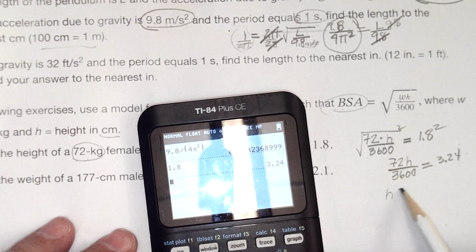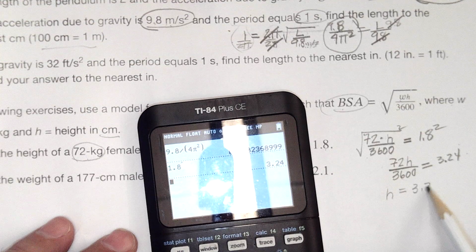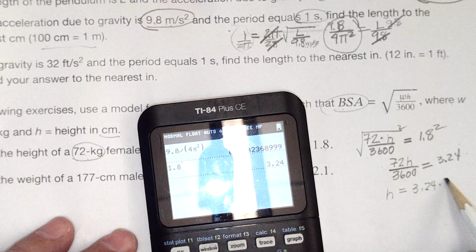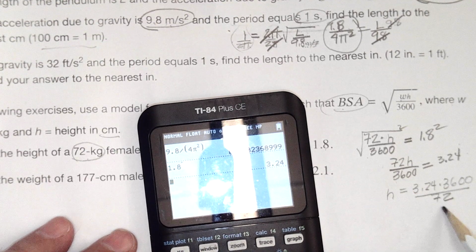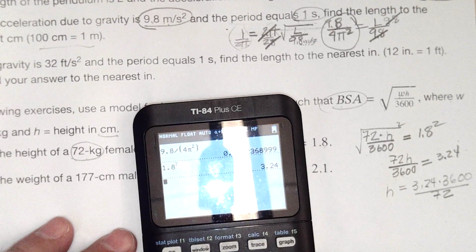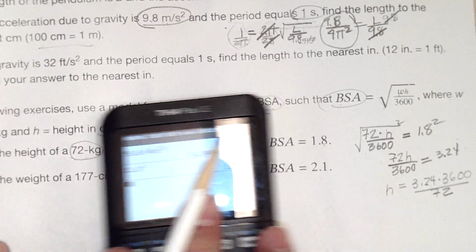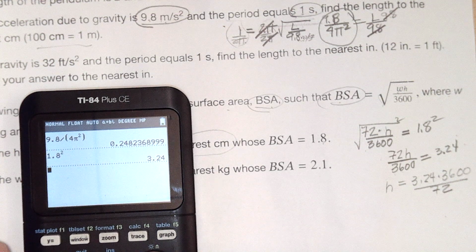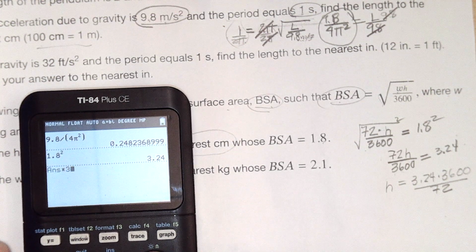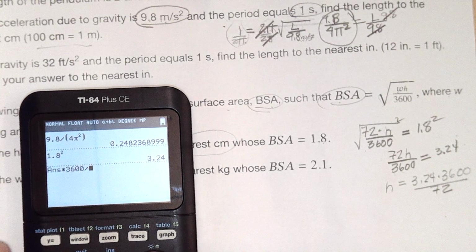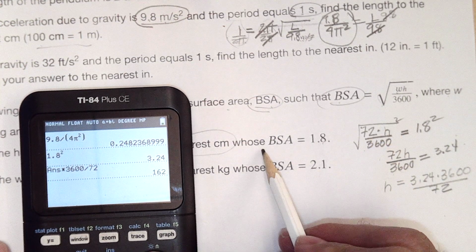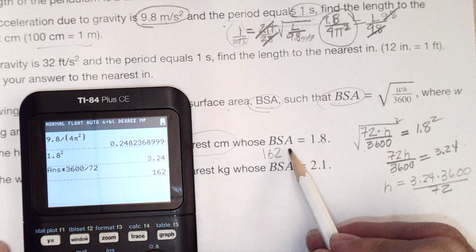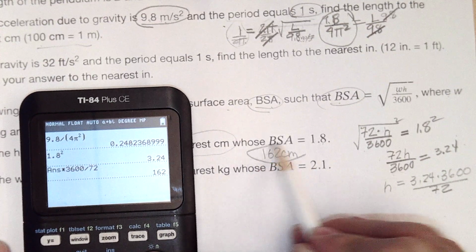So h is going to be 3.24 times 3,600 divided by 72. And this answer should be in centimeters because they made the formula work that way. So I take my answer times 3,600 divided by 72, and it says that this person is 162 centimeters tall.